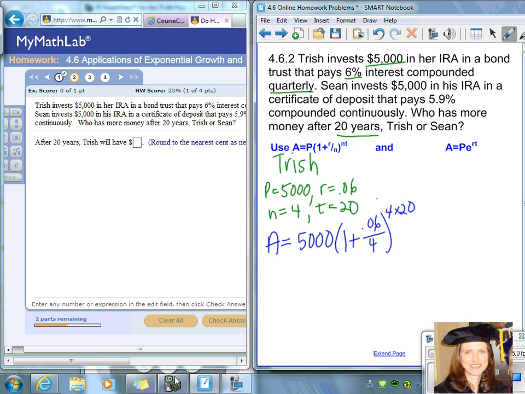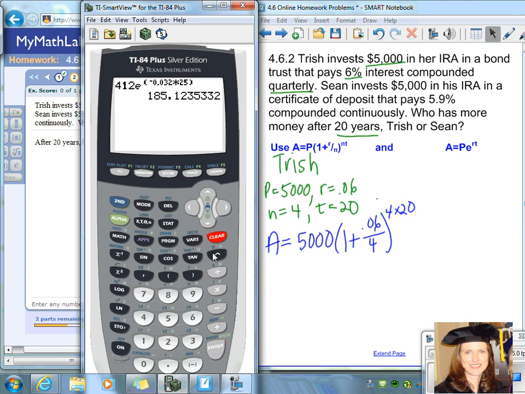You need a calculator to evaluate this. Start off with your $5,000. 1 plus 0.06 divided by 4. And then you're going to raise that to a power, 4 times 20. And I like to put the power in parentheses.